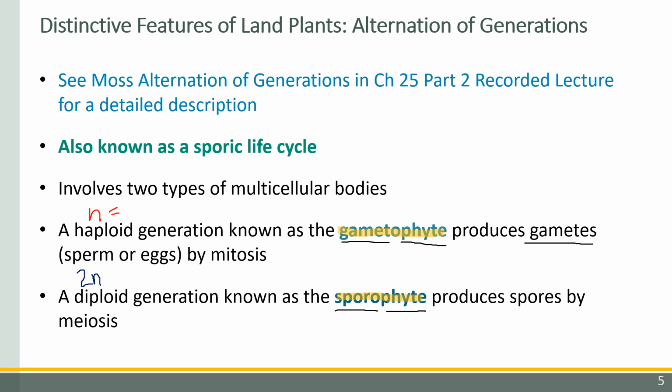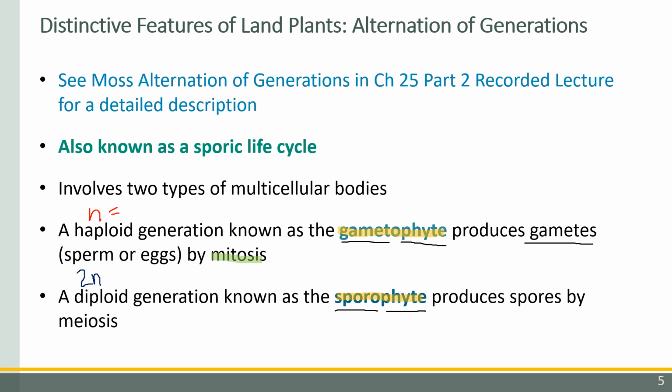Now, something that is a little bit odd is that the gametes are produced by mitosis. So this is backwards from the process of mitosis and meiosis that we learned in Biology 101, because in 101 we learned that meiosis produces gametes.